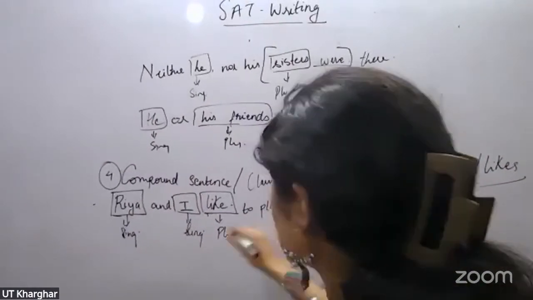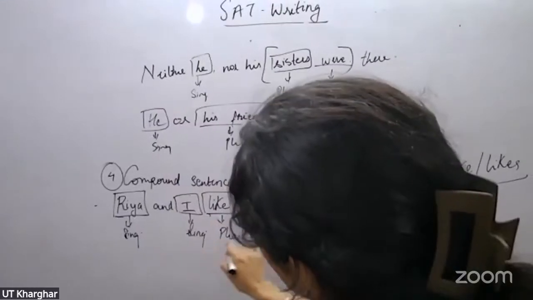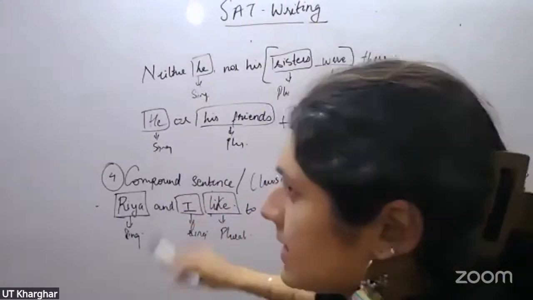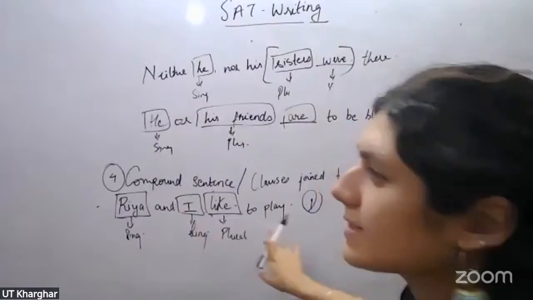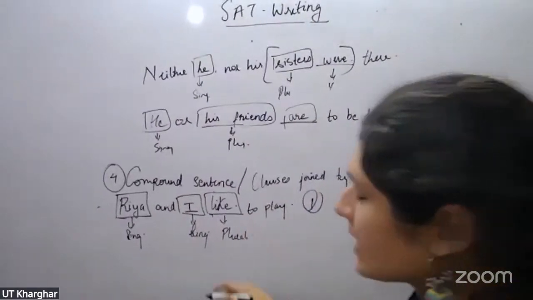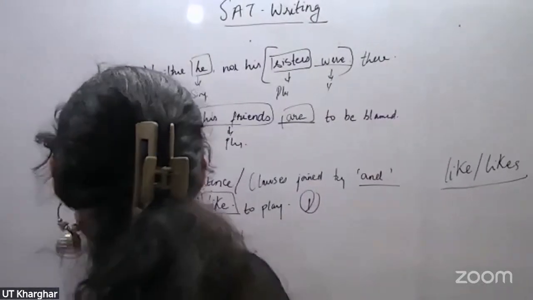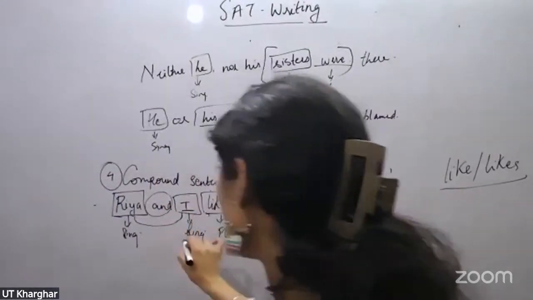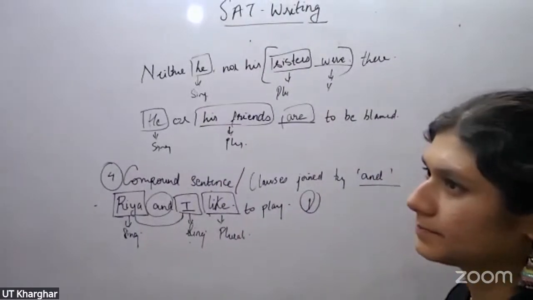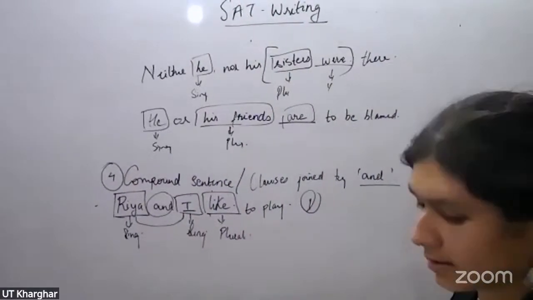Logic number 1 for this is that this is singular and this is plural and both come side by side. Hence, this is right. But the second logic is that whenever you have the word and, and you have two subjects that are singular, it will automatically make the verb plural.